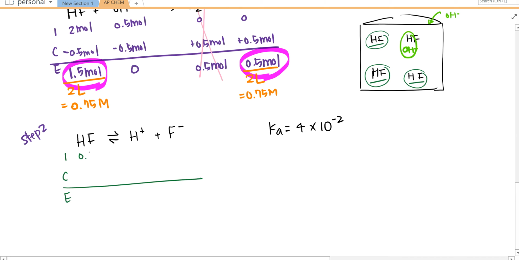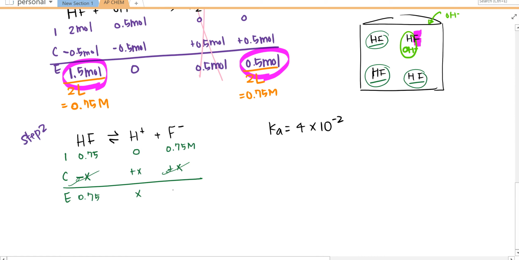I'm starting out with 0.75 molarity of HF, 0 molarity of H plus because I don't know, but I'm going to start with 0.75 molarity of F minuses, because this is the F minus that remained, that got produced due to the OH minus. From here, I am going to subtract an X amount, add an X amount, add an X amount, and just do a regular ice table.